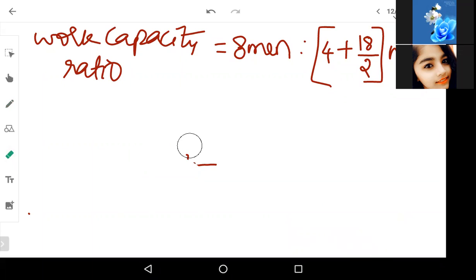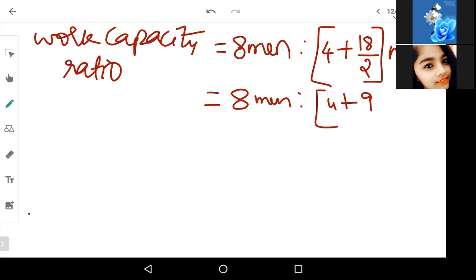Now do the simplification. 8 men is to 4 plus 9. 4 plus 9 is 13. So 8 is to 13 will be our first ratio.